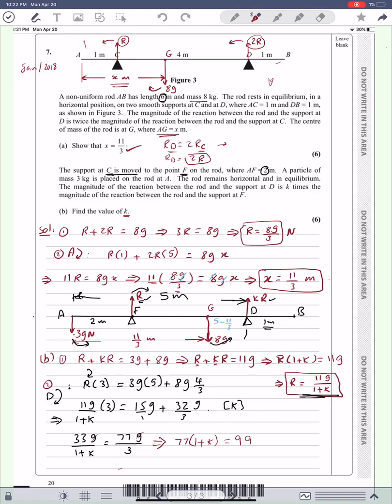So k plus 1 is equal to 99/77, and dividing by 11, it's 9/7.